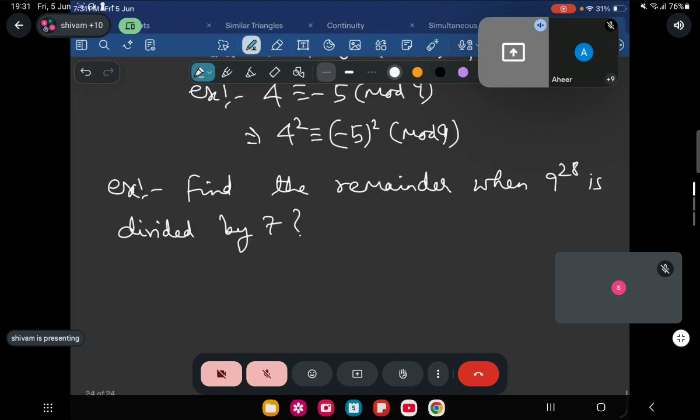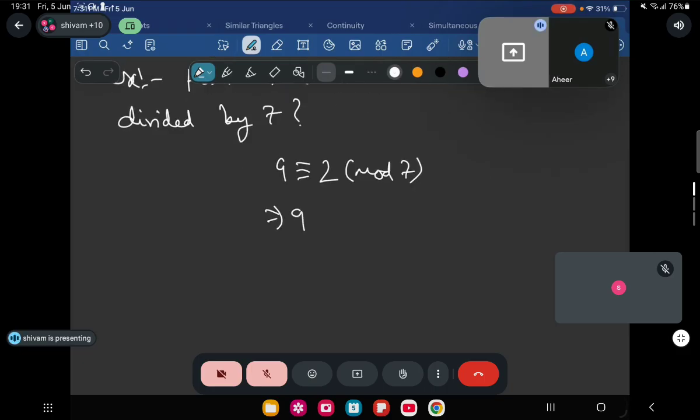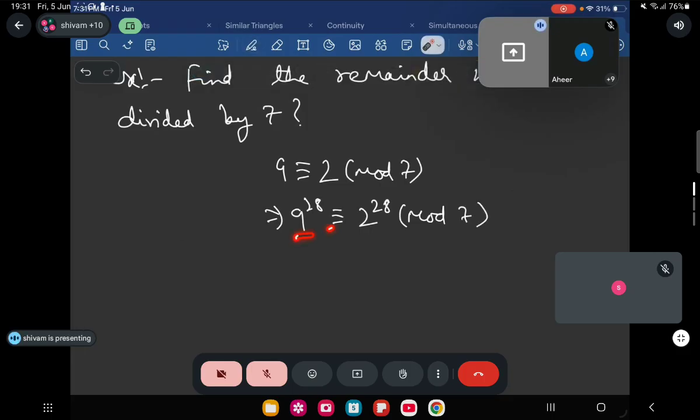Okay, Aviraj. So at first what you can do is you can reduce the base. See, 9 is greater than 7. So can I say that 9 is congruent to 2 mod 7? Tell me, Aviraj. This implies 9 to the power 28 is congruent to 2 to the power 28 mod 7. Right, tell me. Now see, the left hand side will give us the same remainder as the right hand side. Right, both the sides will give us the same remainder, right?